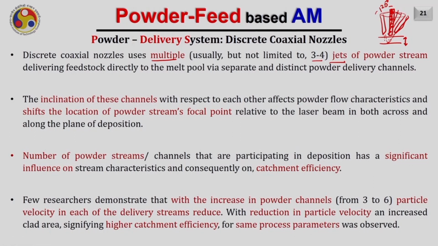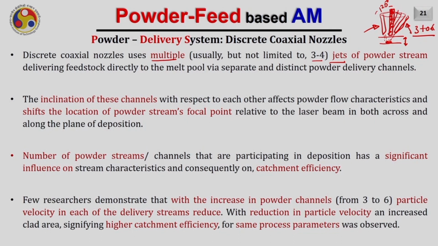The number of powder stream channels participating in deposition has a significant influence on the stream characteristics and consequently on the catchment efficiency. A few researchers have even demonstrated that if we increase the number of these powder delivery channels from 3 to 6, then the velocity of the powder coming out of the nozzle will decrease at the focal point.